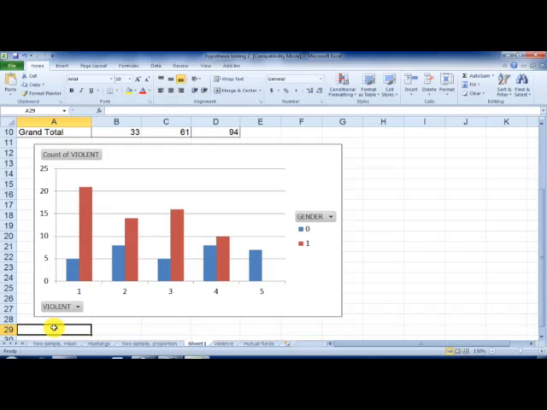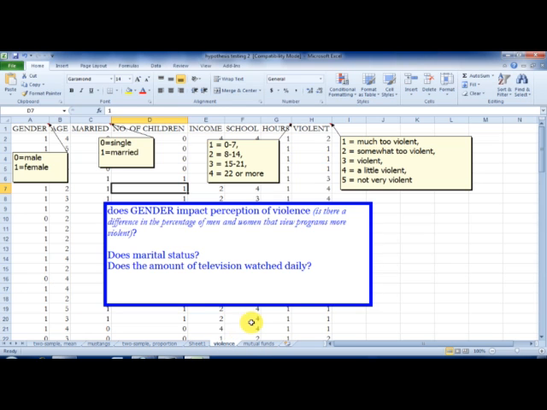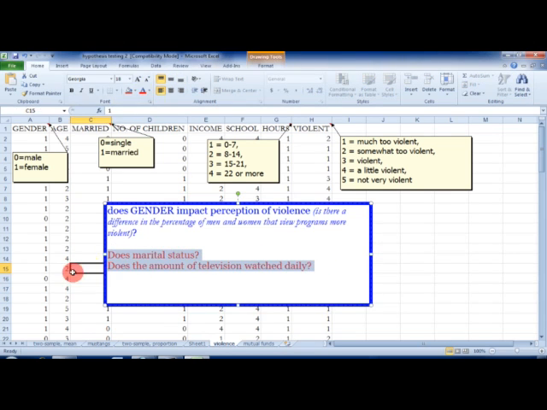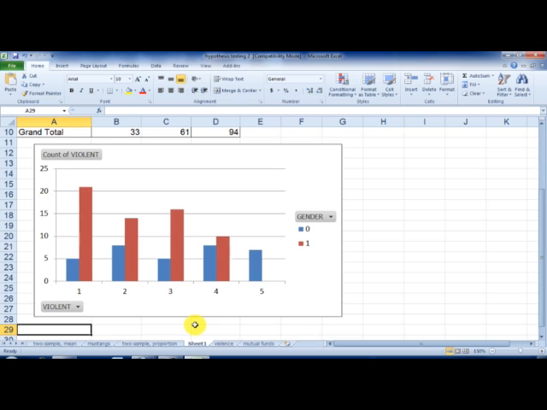So for this one, this would be homework 10.2. I would like you to use this data file and the violence data and build out the marital status or the TV question, and I'm going to make that red for you, and develop the pivot table and graph, and I would like to see some verbiage to see where you could take that test. Thanks.